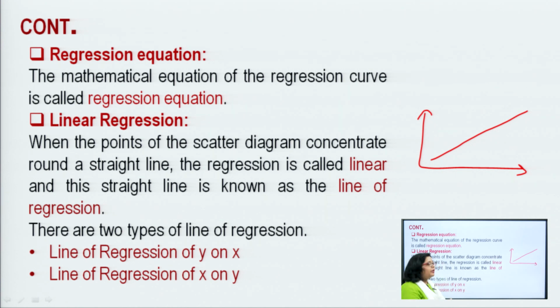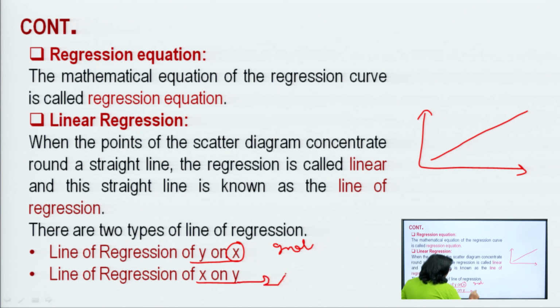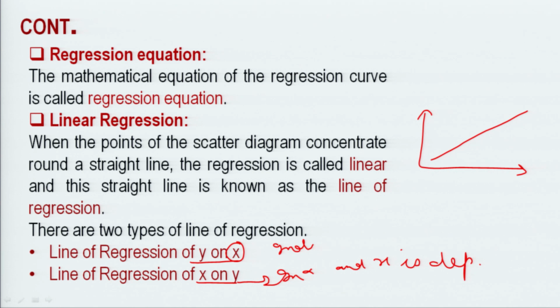There are two types of line of regression, y on x and x on y. When x is independent, we use y on x, and when y is independent and x is dependent, we use line of regression x on y.